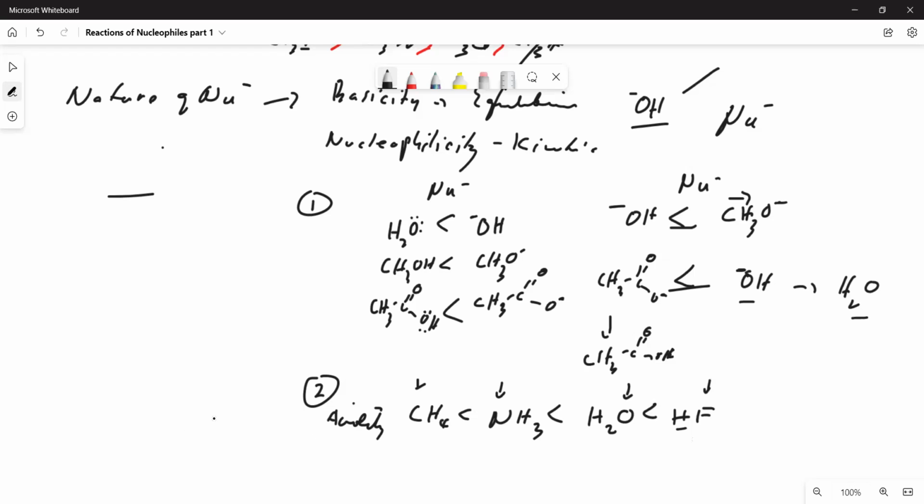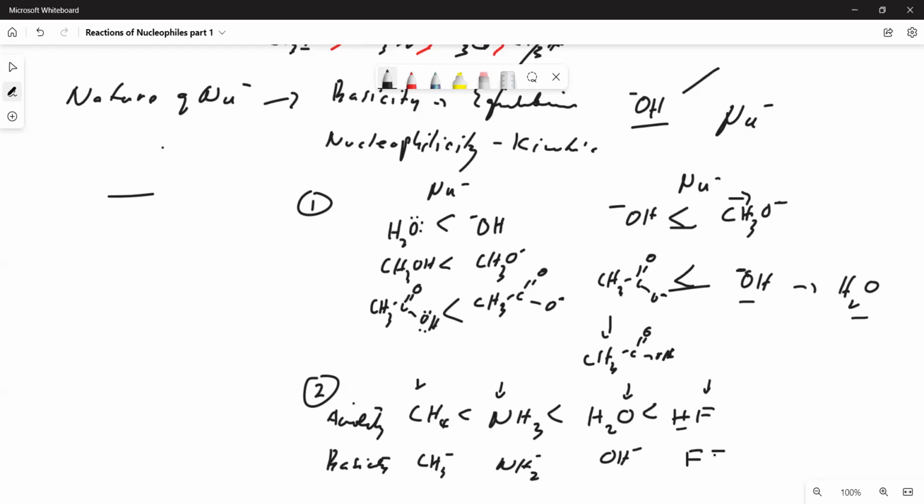So let's look at their conjugate bases. To identify their conjugate bases, you have to remove the H. So the methane will become methide, the ammonia will become amide, the water will become hydroxide, and the HF will become fluoride. Okay?